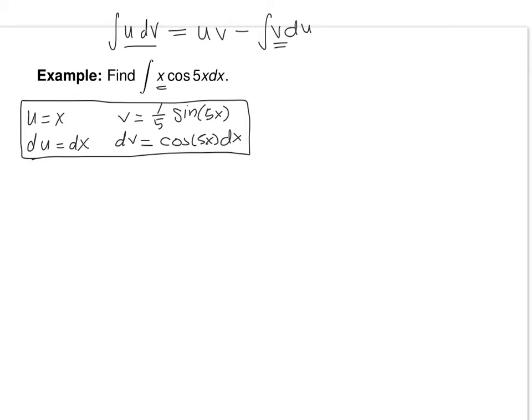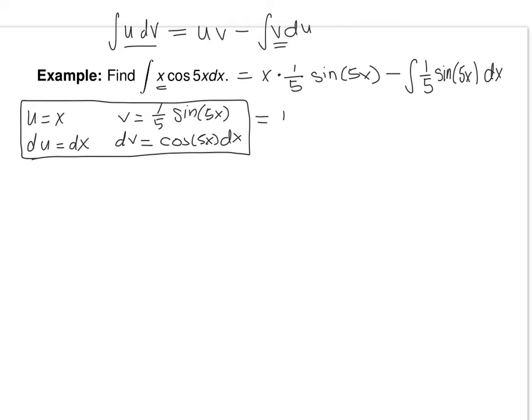So this integrand is equivalent to uv, so x times 1/5 sine of 5x, minus the integral of v du. So minus 1/5 sine of 5x, and then du is just dx.